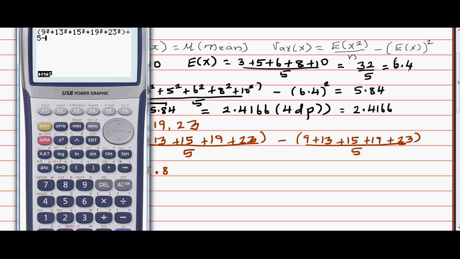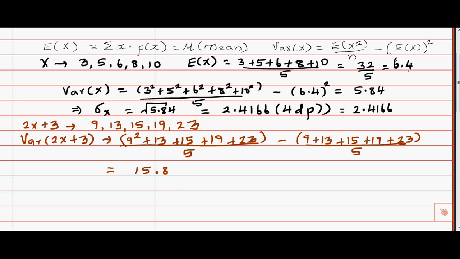again, you add the data, which is 9 plus 13 plus 15, hopefully I've not made any mistake, plus 19 plus 23, close the bracket, divide by 5. Okay, so I made a mistake here, it's 19 squared plus 15 squared.